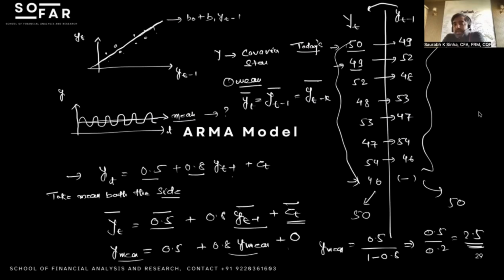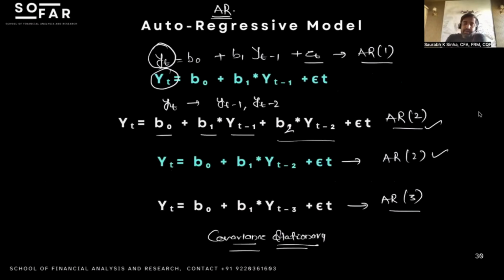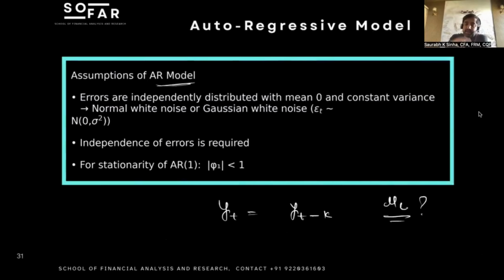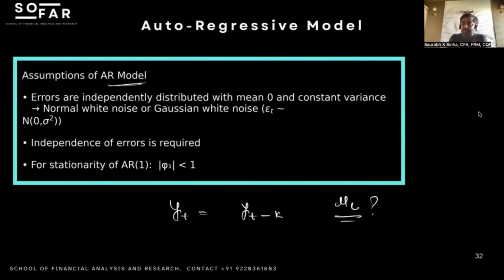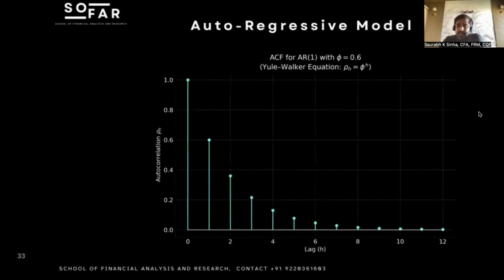Are you understanding thematically that your y has to be mean reverting? Then only you can use an AR model. It has to always come back to the mean. Why?